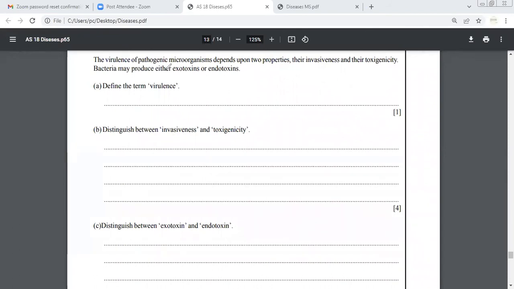The virulence of pathogenic microorganisms depends upon two properties, their invasiveness and their toxigenicity. Bacteria may produce either exotoxin or endotoxin. Define the term virulence.